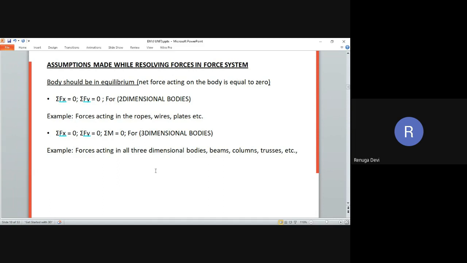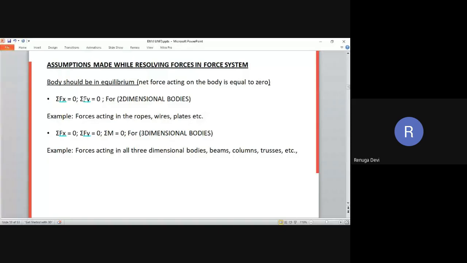Whatever may be the thing, the basic equation involved in resolving the forces in a force system is sigma Fx equal to 0, sigma Fy equal to 0, and sigma M equal to 0. You will utilize this in n number of places.